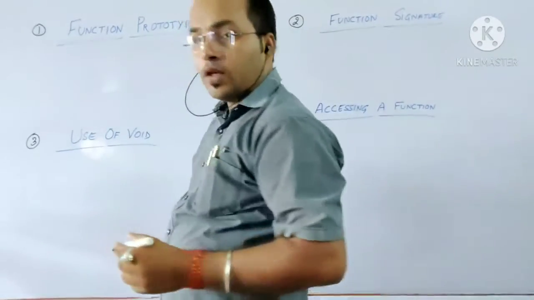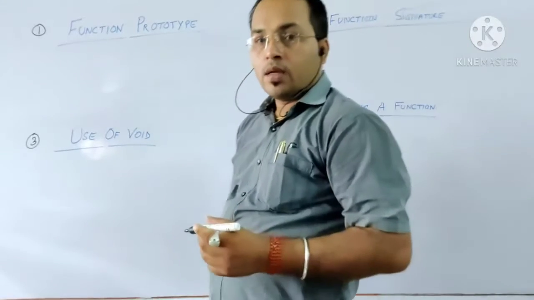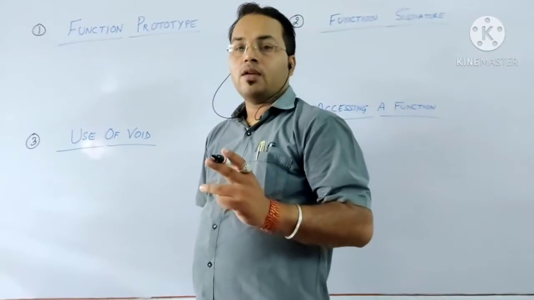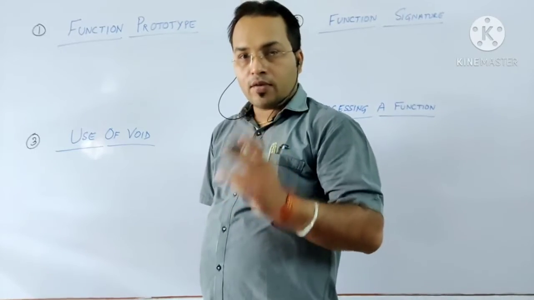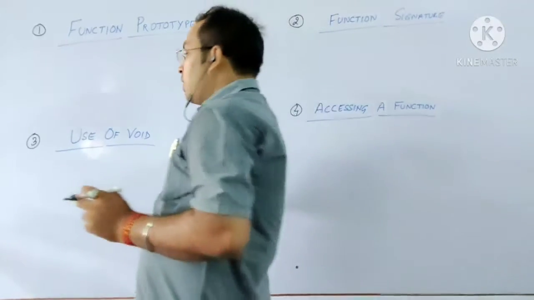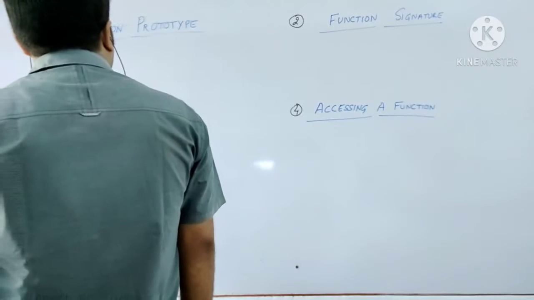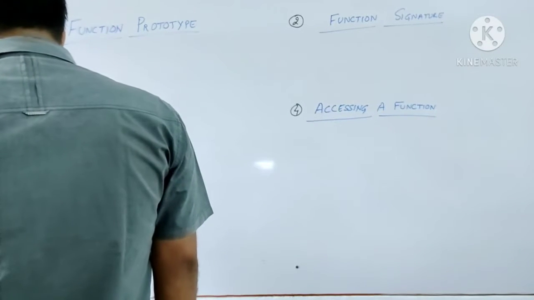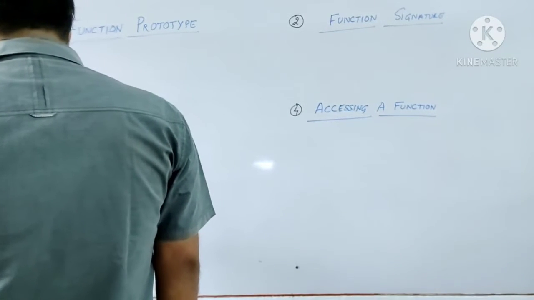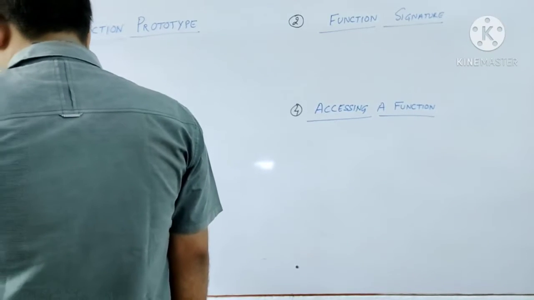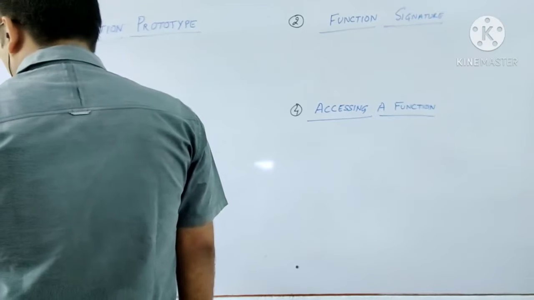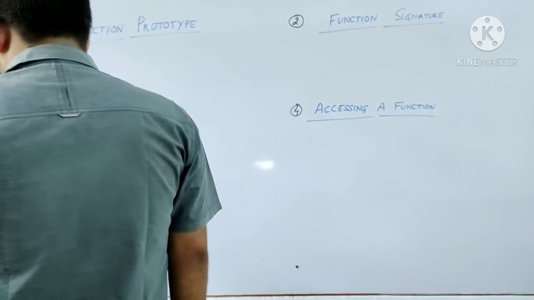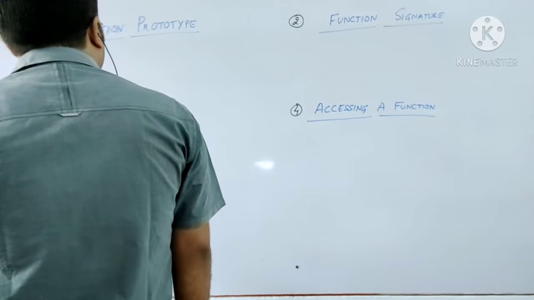First one, function prototype. The first line of the function is known as function prototype. Am I right, boys and girls? The first line of the function definition is known in the program as function prototype.